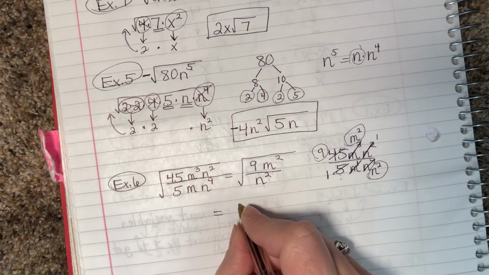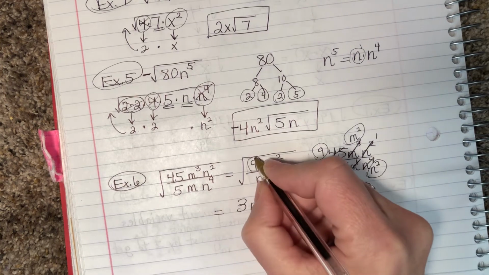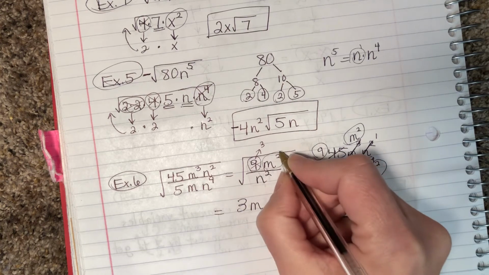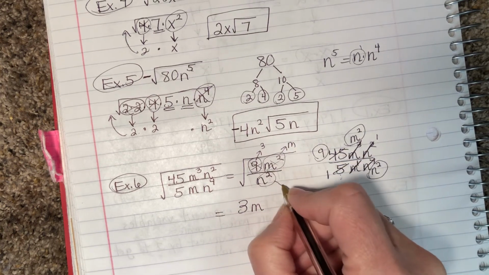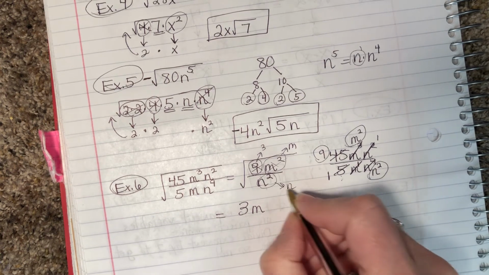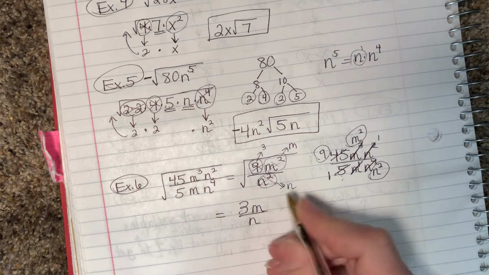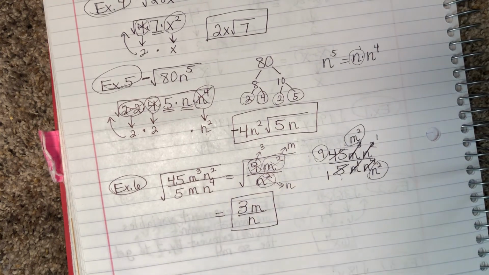So that's going to give me 3m on the top, right? Because you can pull out a 3. You can pull out an m. And on the bottom, you can pull out an n. So 3m over n, nothing is left under the square root. And that's what you get.